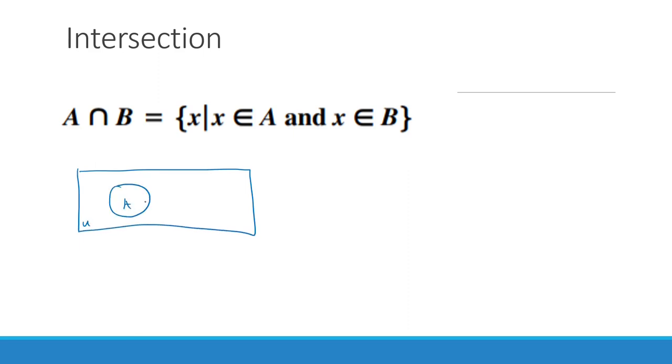This is set A. This is set B. So for the intersection, it must be an element of A and an element of B. So the intersection is the overlap between them. So it has to be in both A and B to be considered in the intersection.